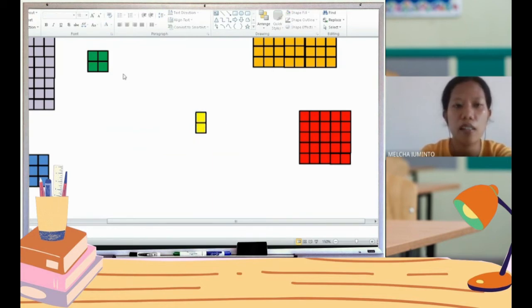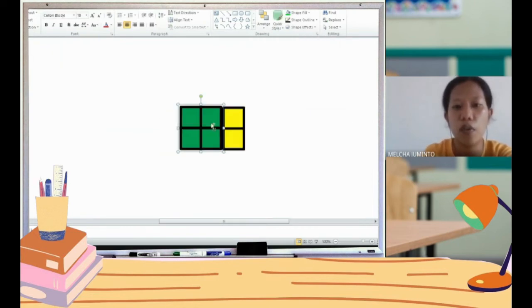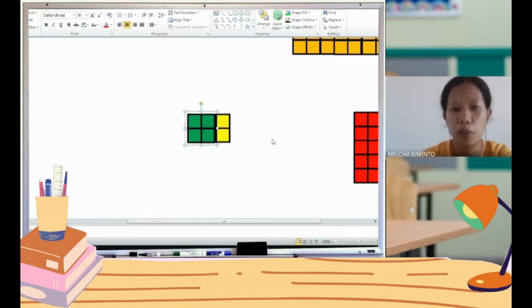And then next will be 2 by 2, the four green squares forming 2 by 2. So this is 1, 1, and this is 2. This particular rectangle is a golden rectangle composed of the numbers 1, 1, and 2, or 2 by 2.